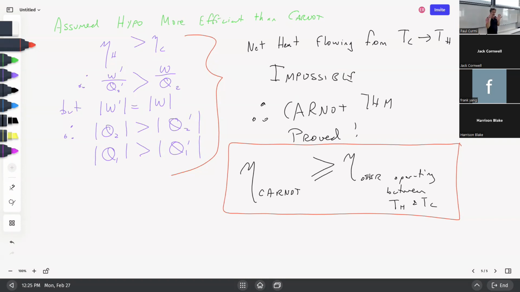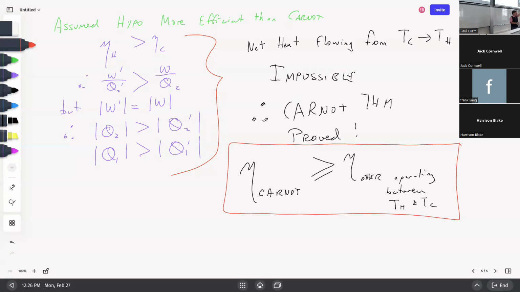You need to own this argument. You've got to go through the steps and make sure you understand them properly because it's a little bit subtle. Yes? No. Okay, there's a subtle point. It's saying that Carnot is the most efficient operating between a hot bath and a cold bath.